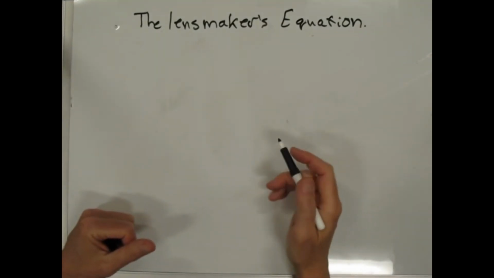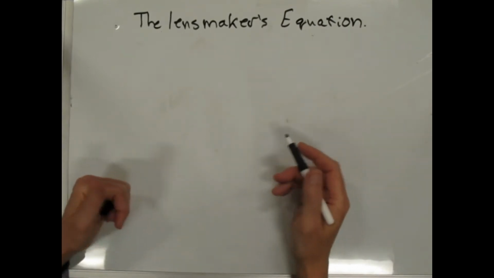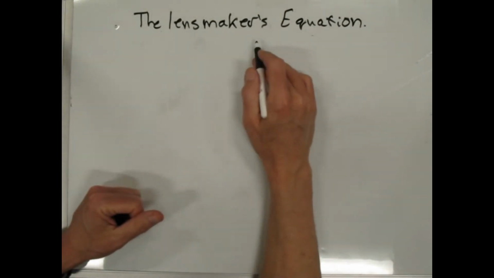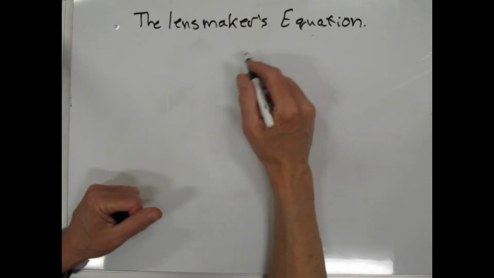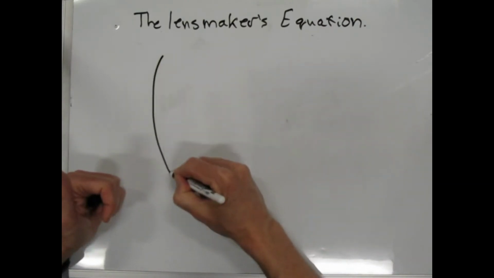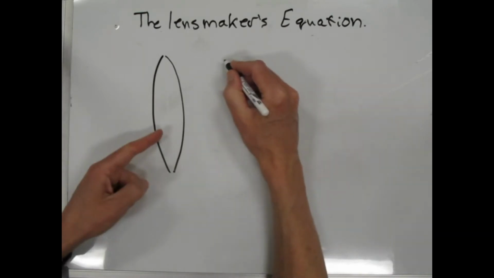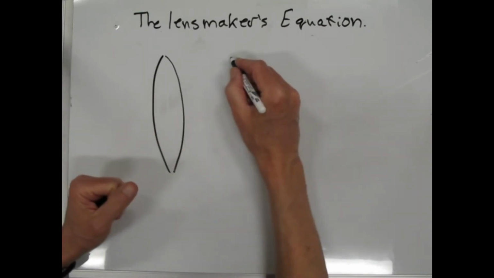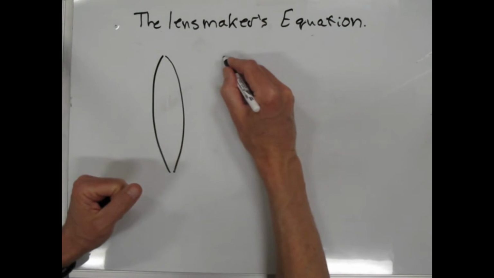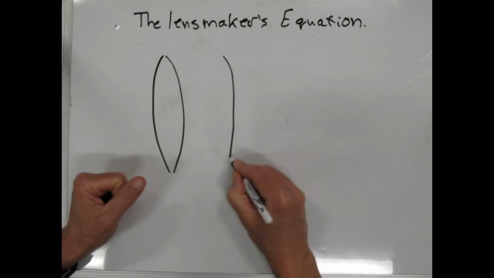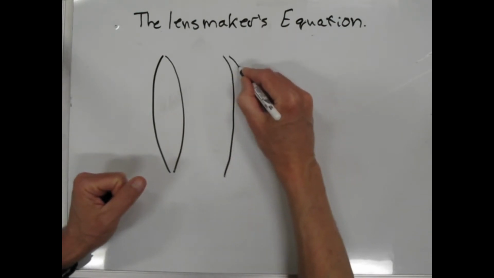So we're going to talk about the Lensmaker's equation, and this is an equation that a Lensmaker uses to make lenses. And so I'm just going to start out with some simple lenses here. So there's a converging lens. Here's another converging lens, but one more likely you'd see in a pair of eyeglasses.